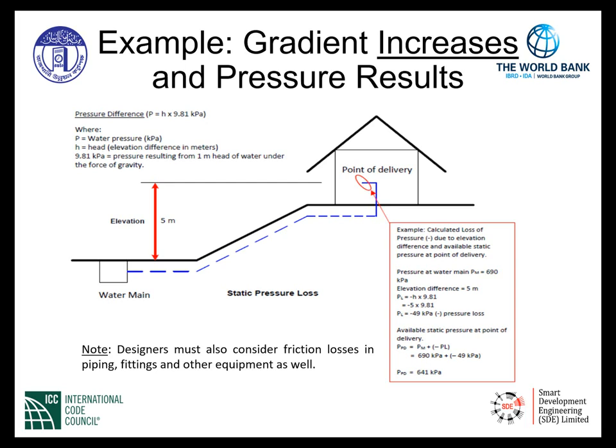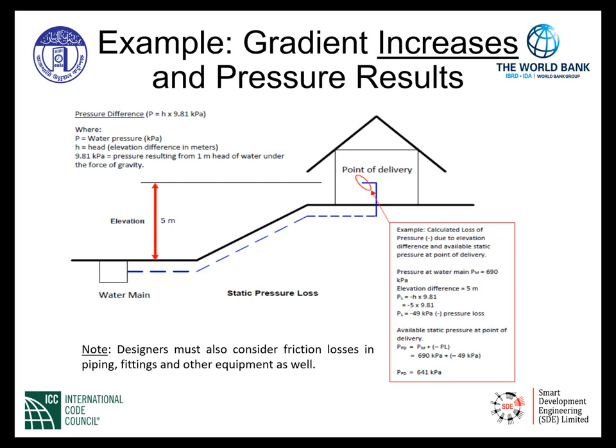P equals H times 9.81 kPa, where P is the water pressure in kilopascals, H is the head, which is the elevation difference in meters, and 9.81 kilopascal is the pressure resulting from 1 meter head of water under the force of gravity. Now, as seen here, static pressure, we have an elevation difference of 5 meters.